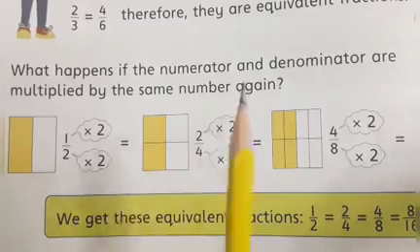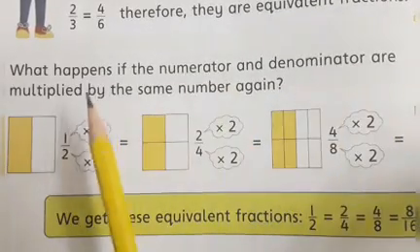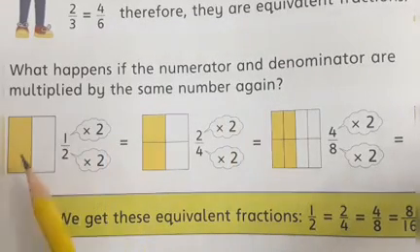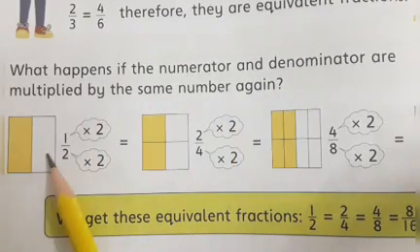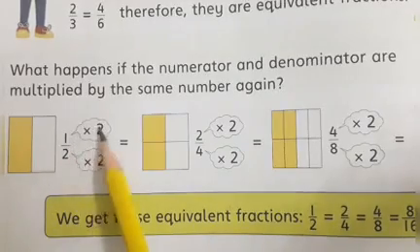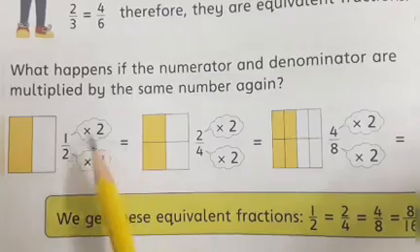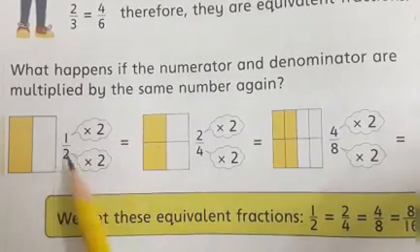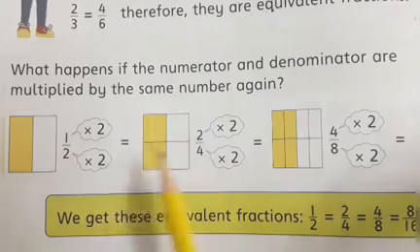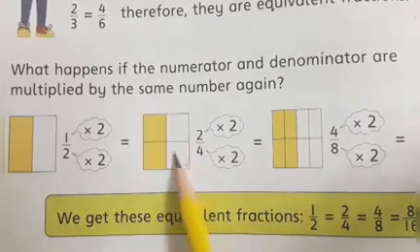And what happens if the numerator and the denominator are multiplied by the same number again? As this is a fraction of 1 by 2. 1 2 is 2, 2 2s are 4. So again this is the fraction 2 by 4.